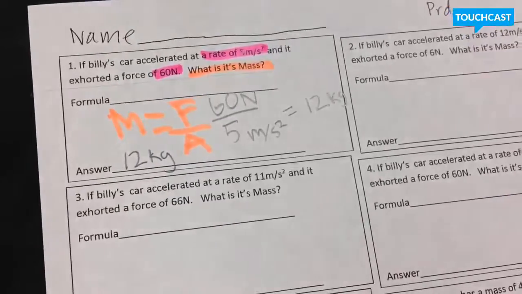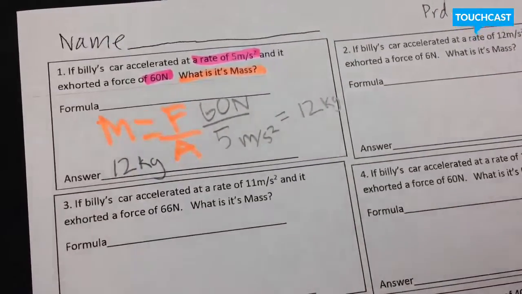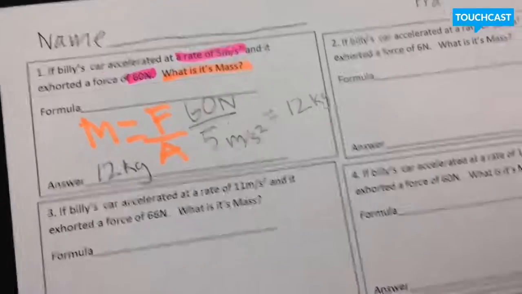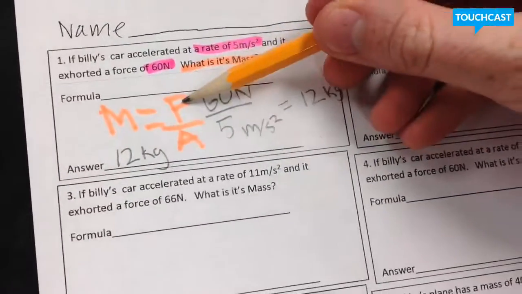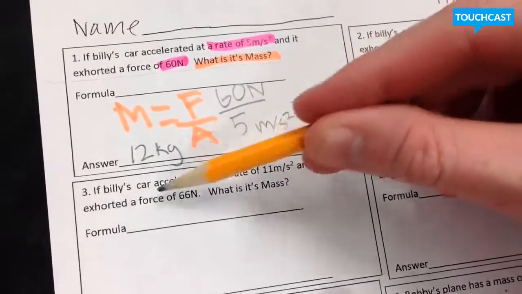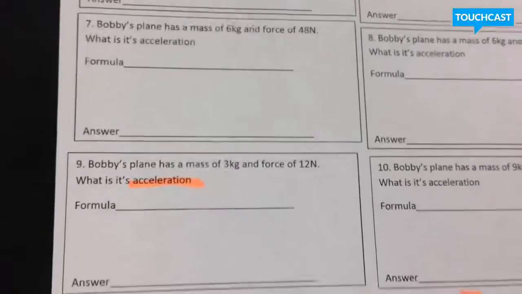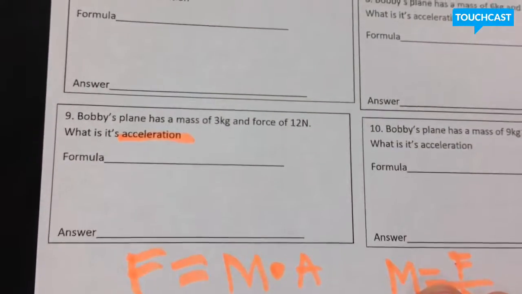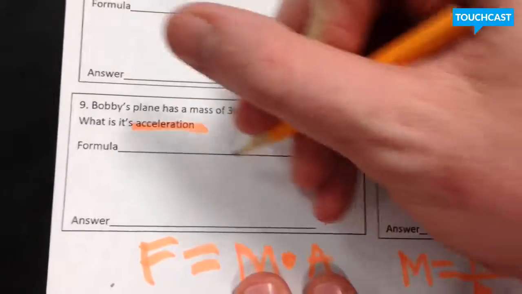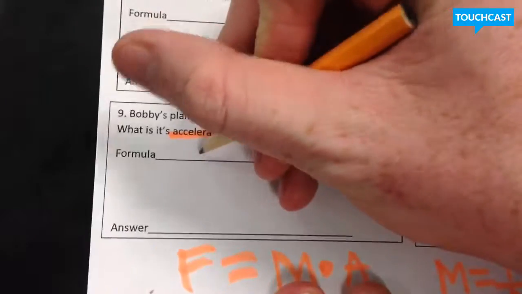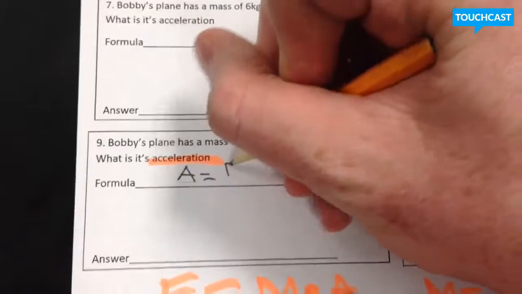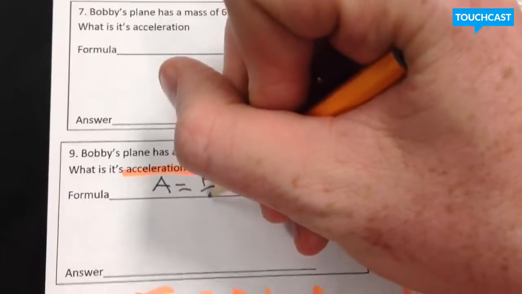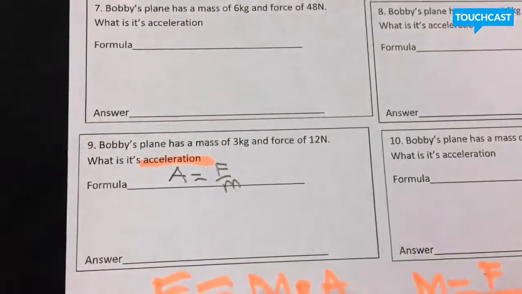And you're done. So the key thing is just to basically do exactly what your formula says. This formula basically said take your force and divide it by your acceleration. That gives you your mass. Alright, let's go ahead and do one with the acceleration. So if y'all look here, your formula is going to be acceleration is equal to force divided by mass.